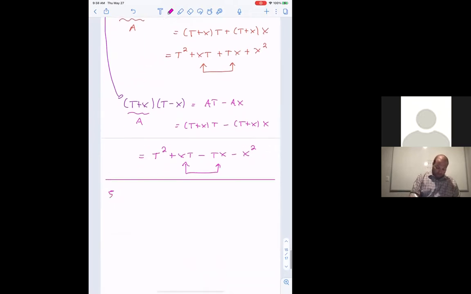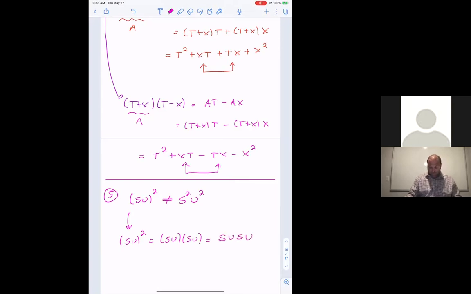Question number 5. Show that (SU) squared is not equal to S squared U squared, even though that's something that is true with numbers. Why is it not true here? Well, let's first do it with properties. (SU) squared is SU times SU, which is just SUSU.